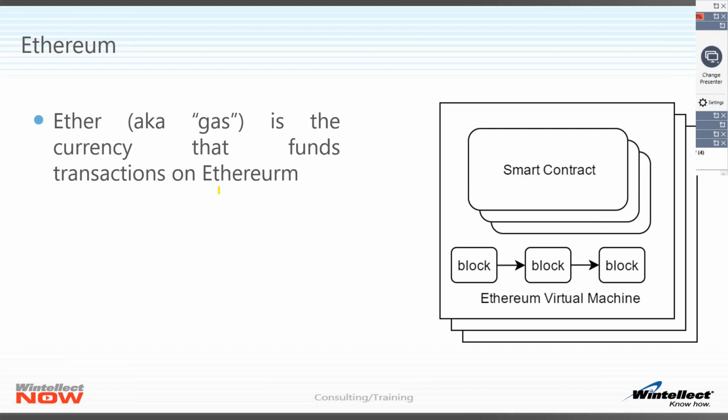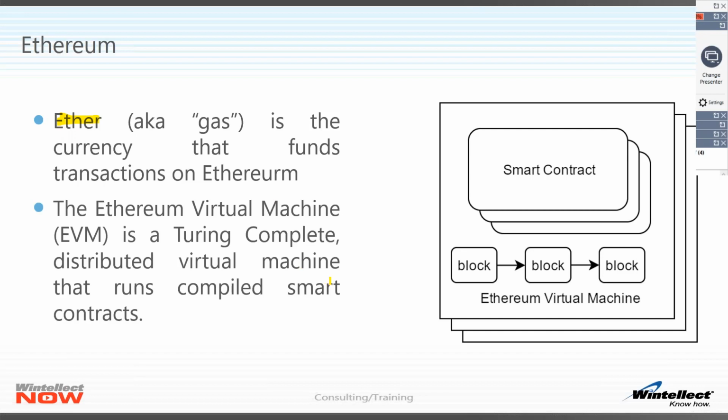However, to keep people from abusing a network, sometimes even in the case of private blockchains, having a currency, even though it has no real monetary value, can keep people from abusing the network. And in the case of Ethereum, that's Ether. And Ether is what essentially funds transactions that get written to the blockchain on the Ethereum network. It's also the name of the public currency that is traded on the public Ethereum network as well.